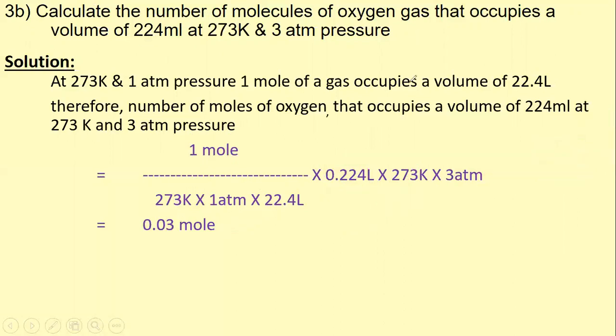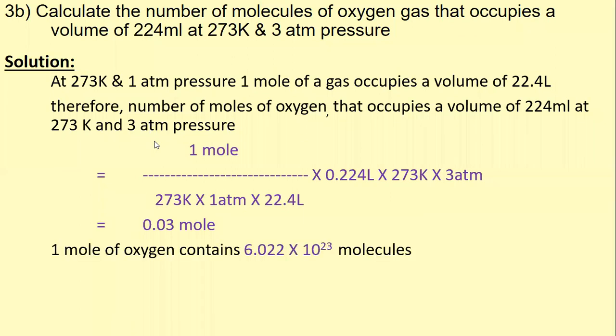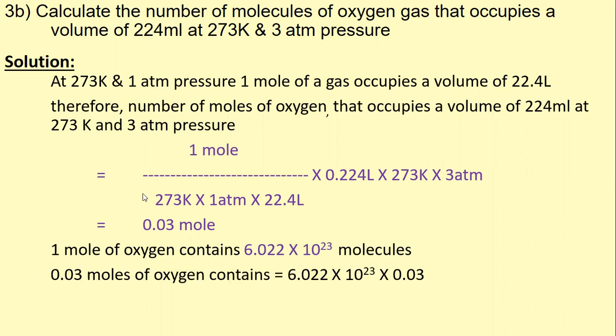Now we'll move on to this: 1 mole of oxygen contains the Avogadro number of molecules. Because here we have calculated for 1 mole, for 0.03 mole we have to multiply it with the Avogadro number.